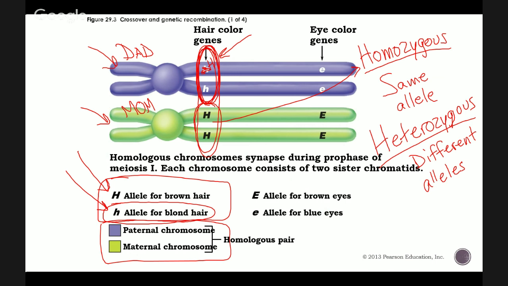Now, when we do talk about dominant and recessive, yes, we do have some alleles that are dominant, and what that means is that it masks, as it says at the bottom of page 1, masks or suppresses the expression of the other allele, and is usually indicated by a capital letter. Likewise, the recessive allele is suppressed by the dominant and will only be expressed in what we call the homozygous recessive condition.